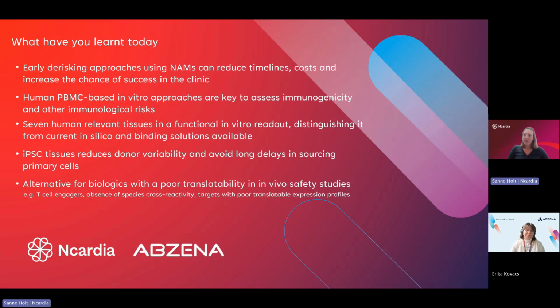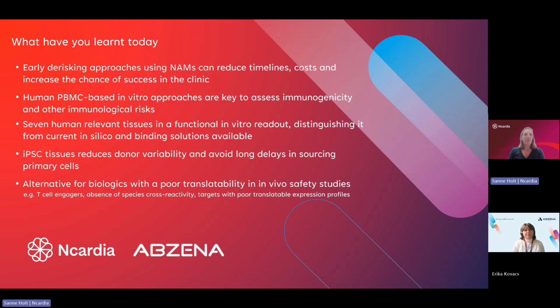So overall, what have you learned today? Hopefully you have picked up that early de-risking approaches using NAMs can really reduce your timelines, your cost, and increase the chances of success in clinic. The human PBMC-based in vitro approaches are key to assessing immunogenicity and also other immunological risks. The 7 human relevant tissue platform with a functional readout distinguishes from the current in silico binding solutions that are currently available.